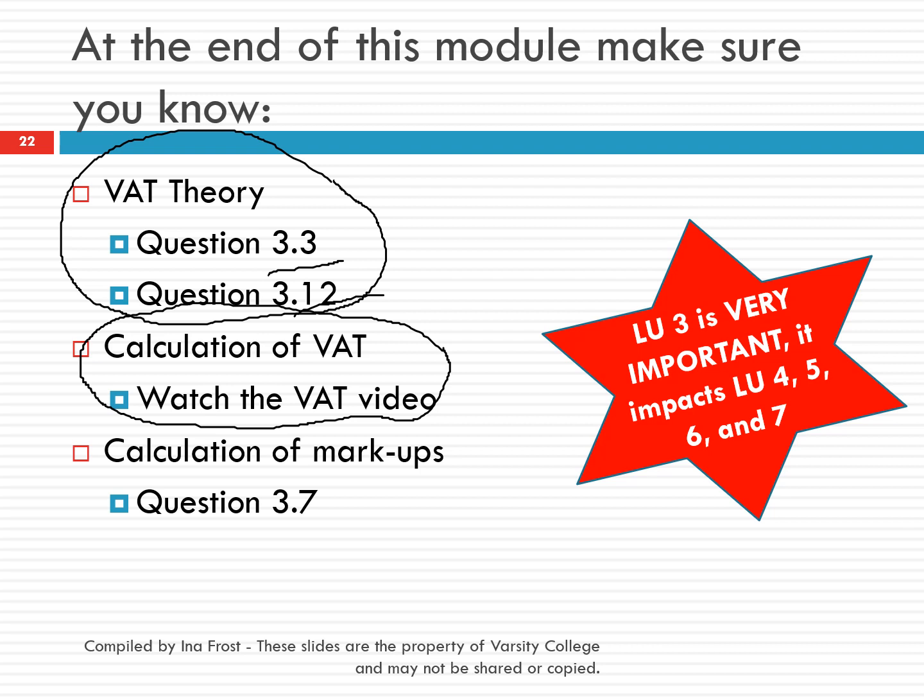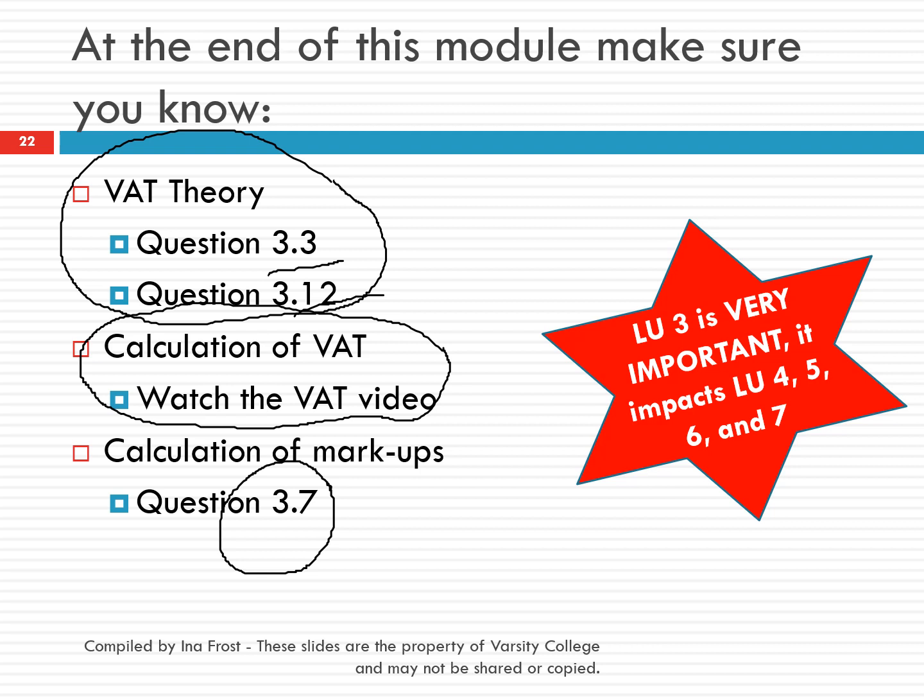And then for your markup calculations, go and try question 3.7 and see if you can complete question 3.7. Another excellent question that you can try is question 3.8. Question 3.8 actually combines both your VAT knowledge and your markup knowledge into one combined question.